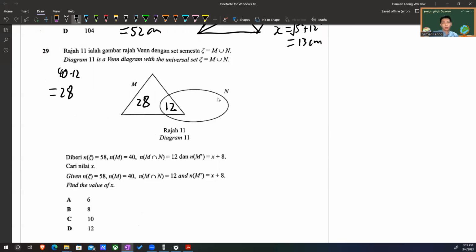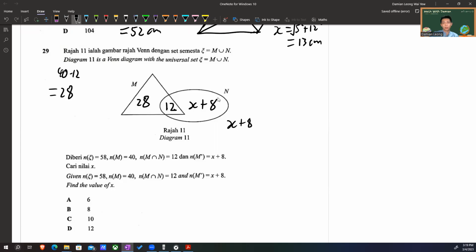Outside of set M is x plus 8. So just here is x plus 8, and I want to find x. The universal set is 58, which means everything added together is 58.